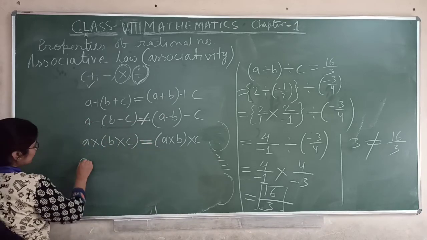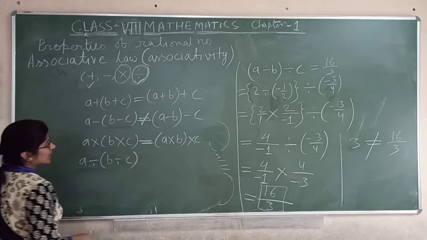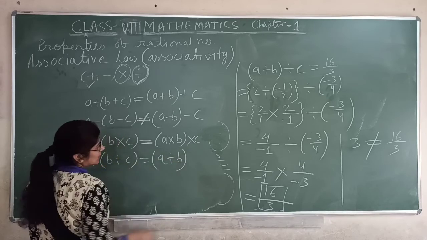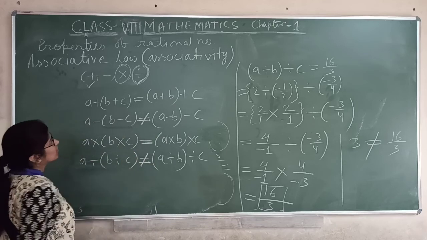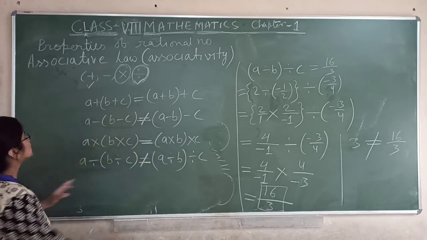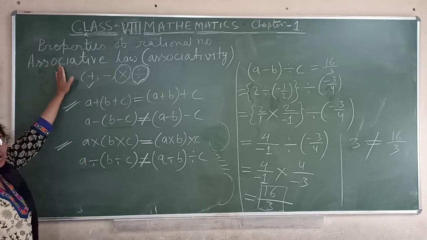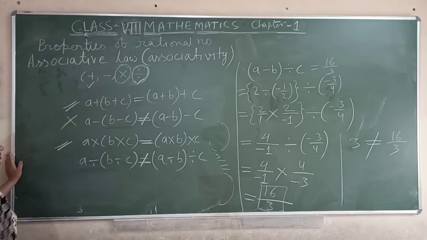And the last one, division: A divided by (B divided by C) and (A divided by B) divided by C. This one is not coming equal. Where you get the equal sign, for addition and multiplication, the associative law of rational numbers is applicable, but for subtraction and division, this one is not applicable.